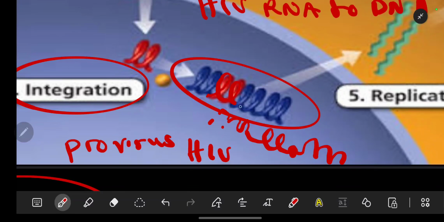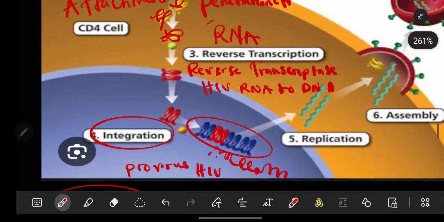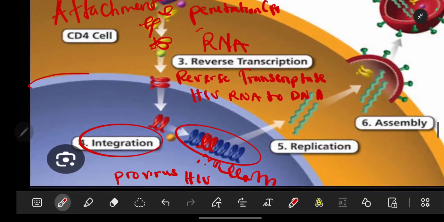It hijacks the host cell machinery. As you can see, this border is the nucleus. So now when it hijacks like that, it is able to use this to create certain proteins and RNA.